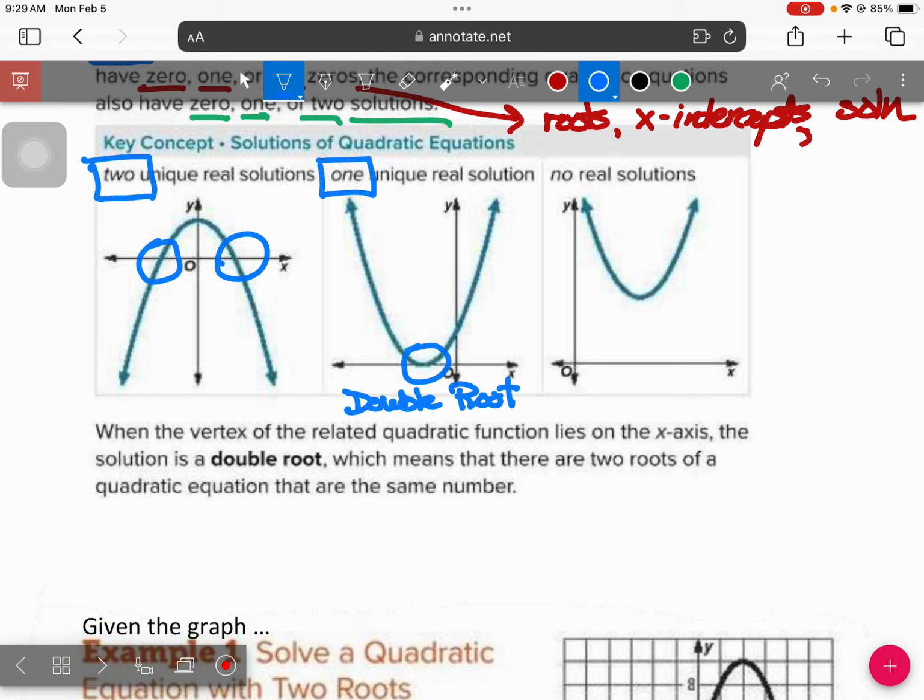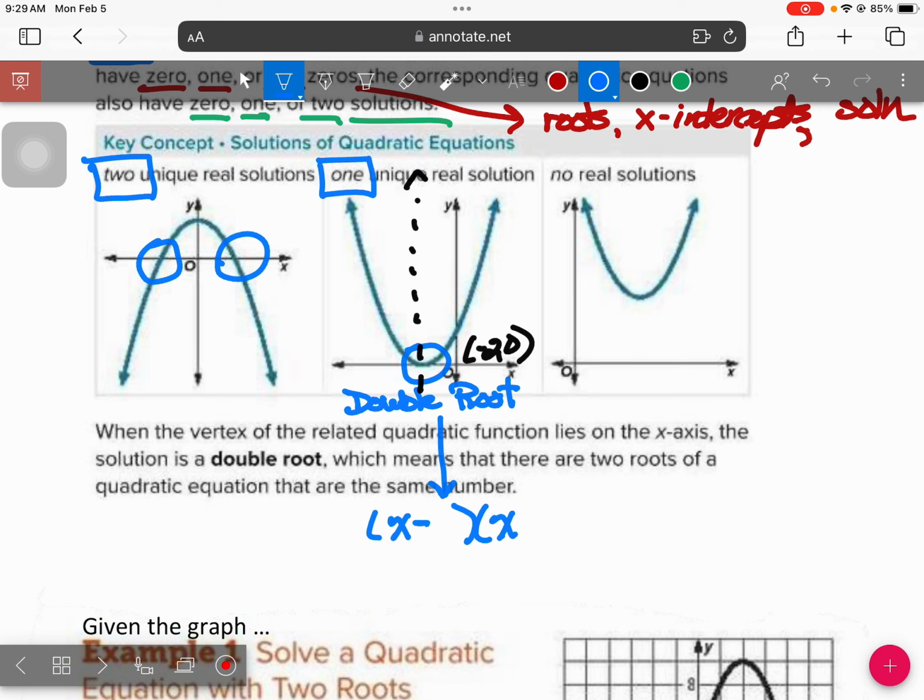Okay? So for example, if I look at this, and let's say I put the axis of symmetry here, this looks to be maybe like -2, 0. Because it is a double root, and we'll talk about this a little bit more again in a minute, we're talking about x minus whatever that root is.